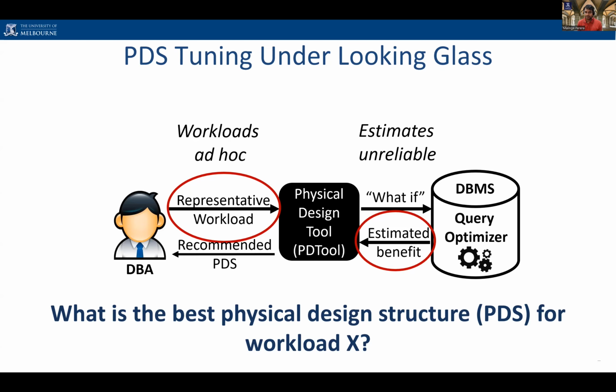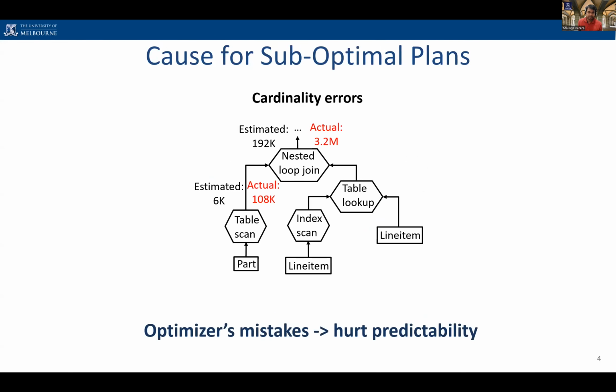To further understand this problem, let's take a close look at an example of suboptimal access path choice. This example shows an access path chosen by the optimizer for a query that joins two tables. The optimizer has chosen a nested loop join as the join operation. As you might already know, in a nested loop join, for each tuple we get from the outer relation, we need to do a lookup in the inner relation.